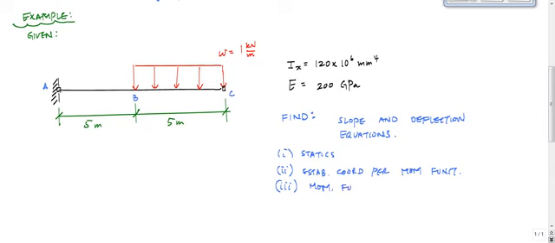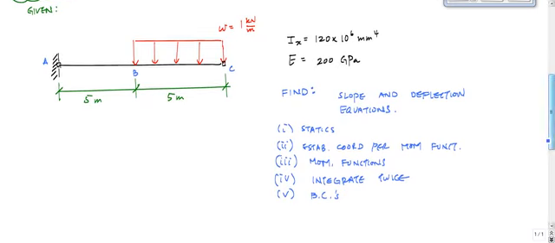Four, integrate, or really take antiderivatives, twice. And five, I know there are a lot of steps, boundary conditions. We need to figure out boundary conditions, and then we can finally solve.